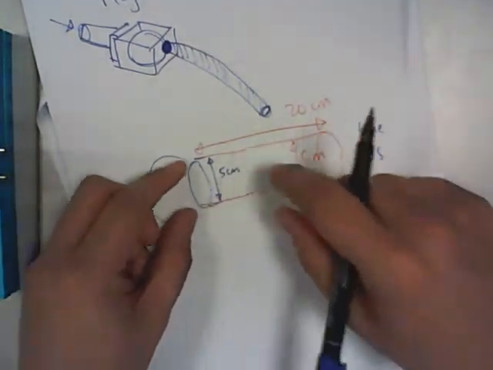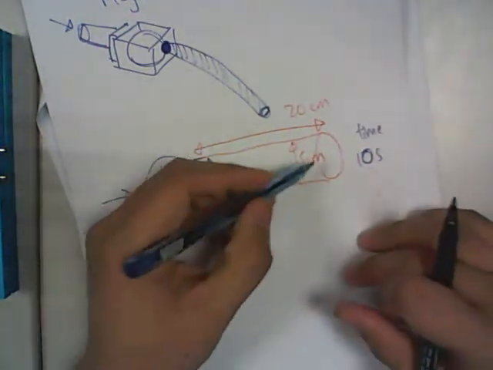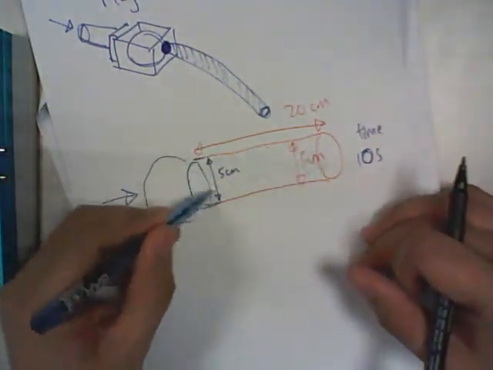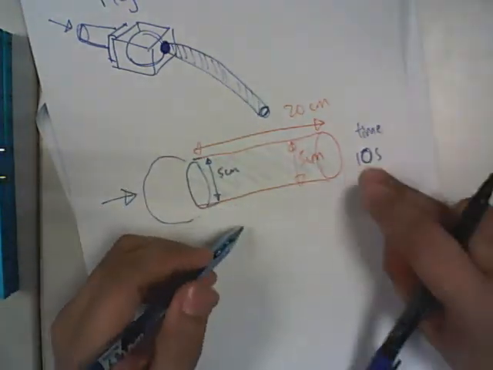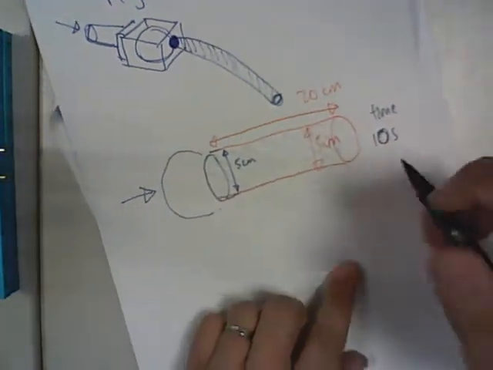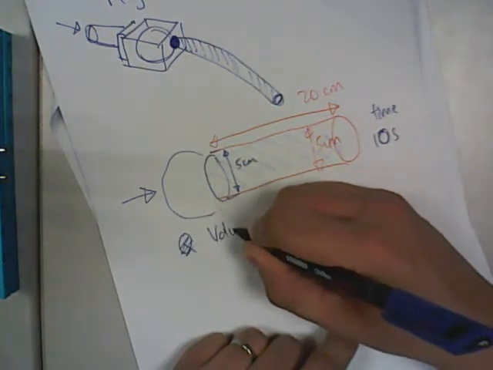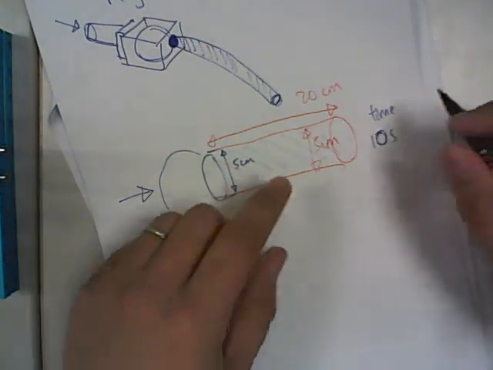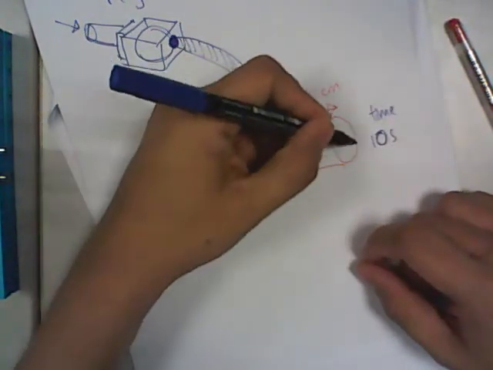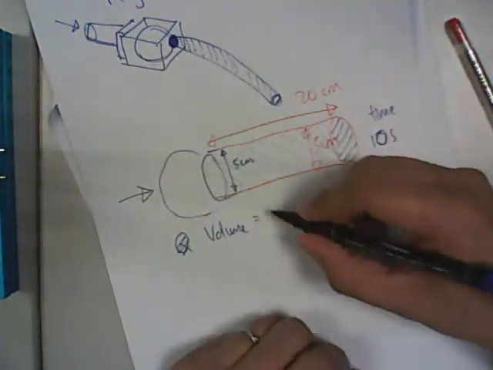Basically you just find this entire volume that is being squeezed out, and this is the volume created over a span of 10 seconds. So let's try this. Sorry, let's just find the volume first. This is cross-sectional area.